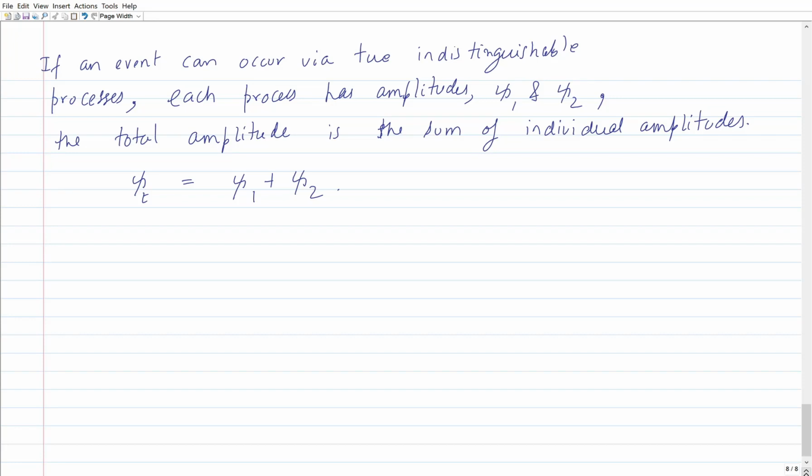So for example, in our Mach-Zehnder interferometer, the photon took two indistinguishable paths. We are going to define indistinguishability in a moment.